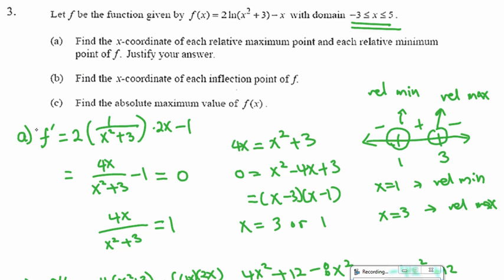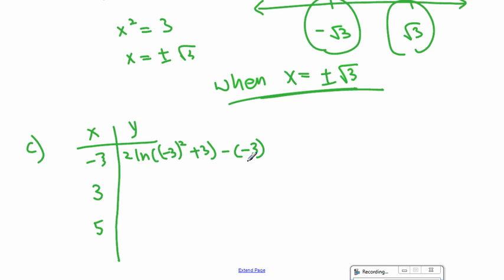Here, this becomes 9 and this becomes 12. So we have 2 ln of 12 plus 3. Now if you plug in 3 in place of these two locations, then we'll end up getting 2 ln of 12 minus 3. So obviously, this one is smaller than this one, so this one is out.